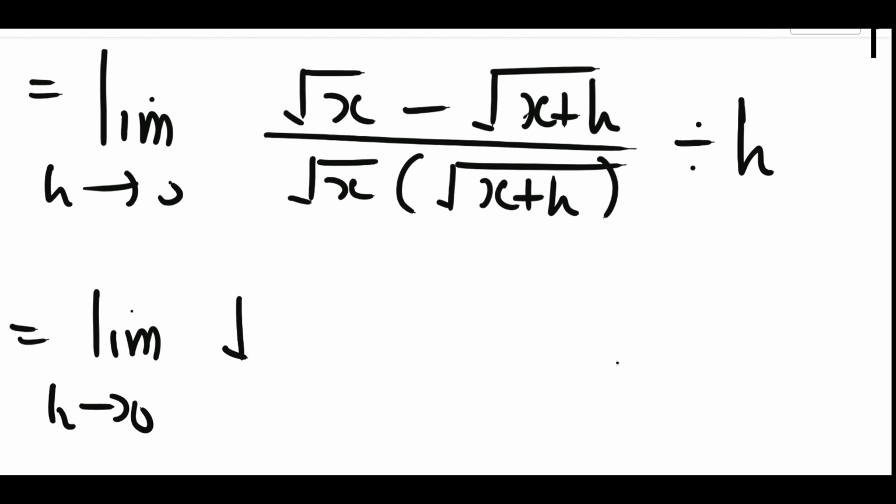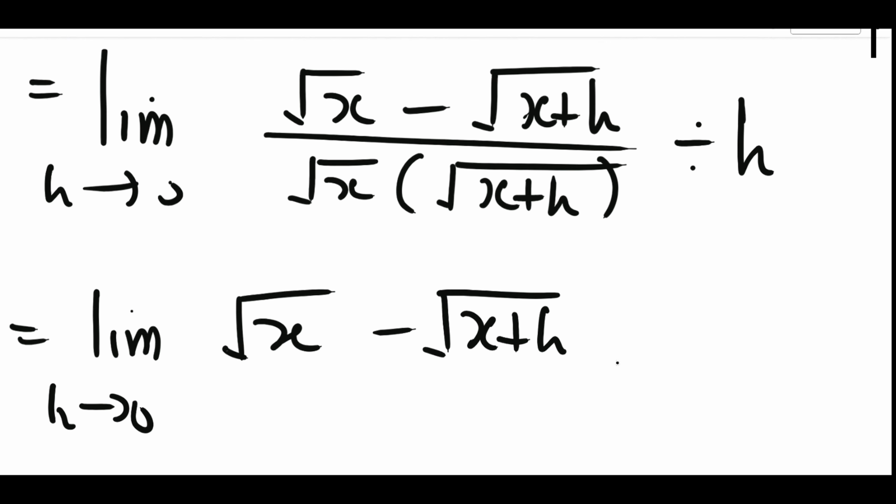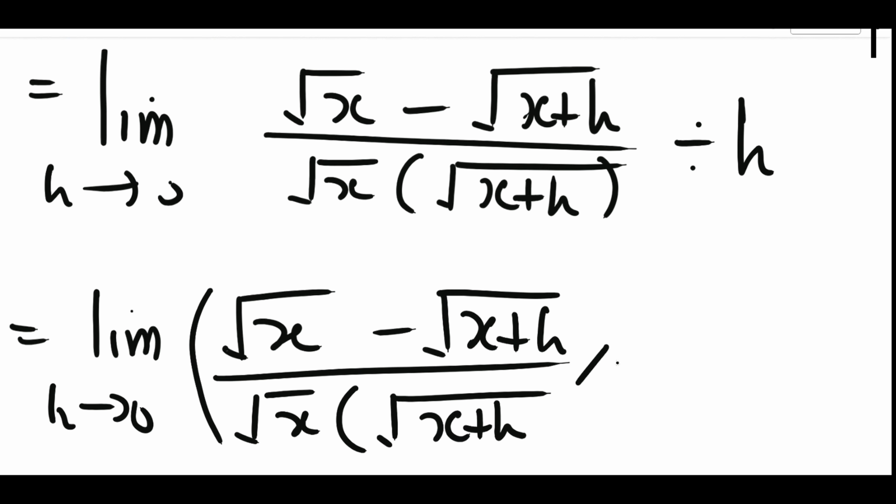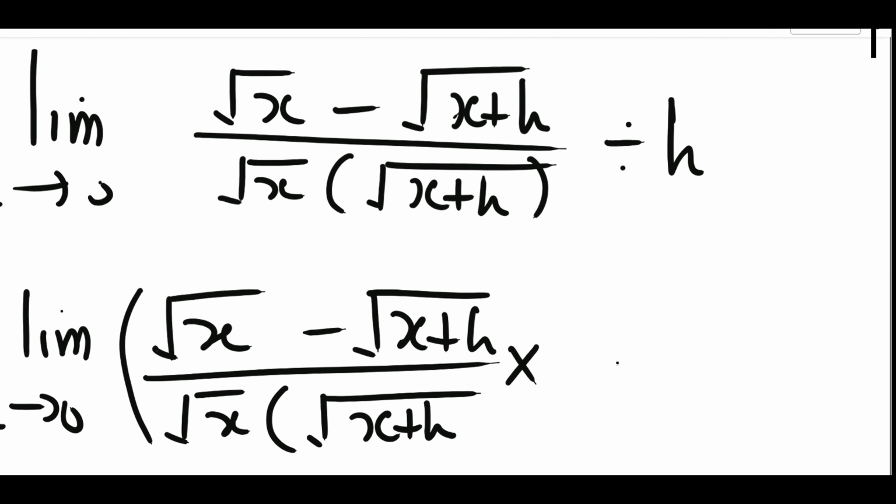So let us repeat the original fraction, square root of x minus square root of x plus h divided by square root of x multiplying square root of x plus h. You put it in brackets nicely, times the conjugate.